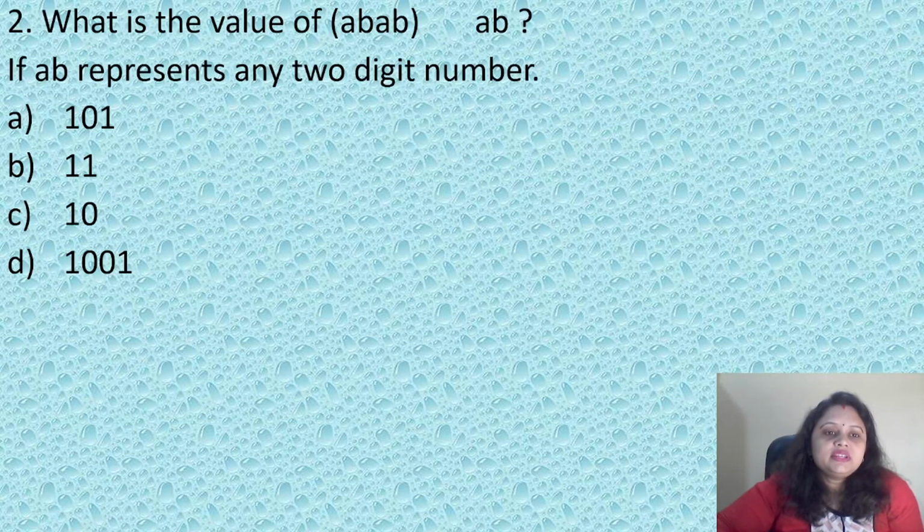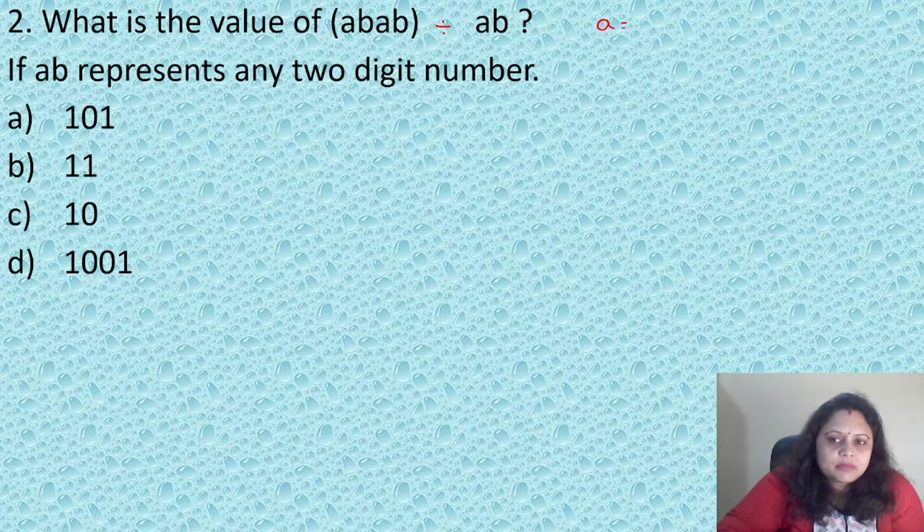Our next question is, what is the value of AB divided by AB? Let me take a number. For example, A is 2, B is equal to 1. So I can write 2121 divided by 21.